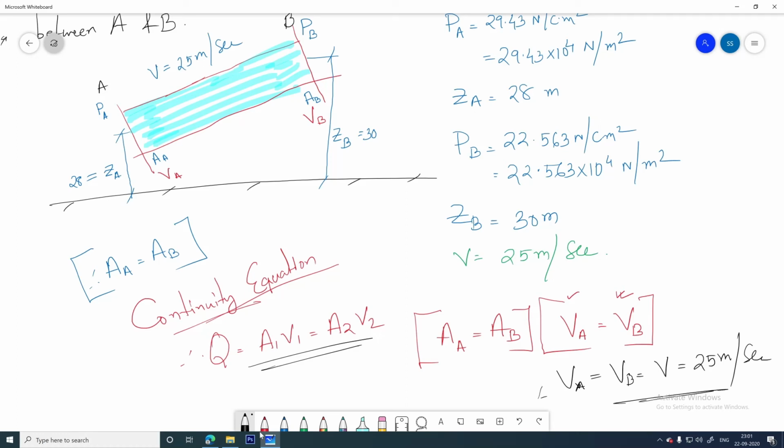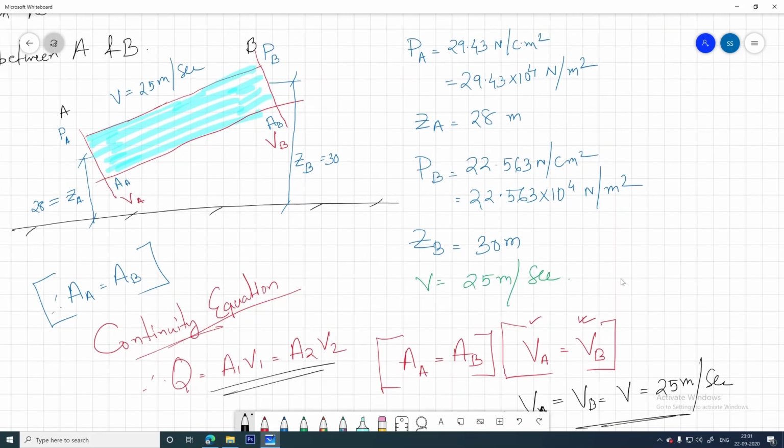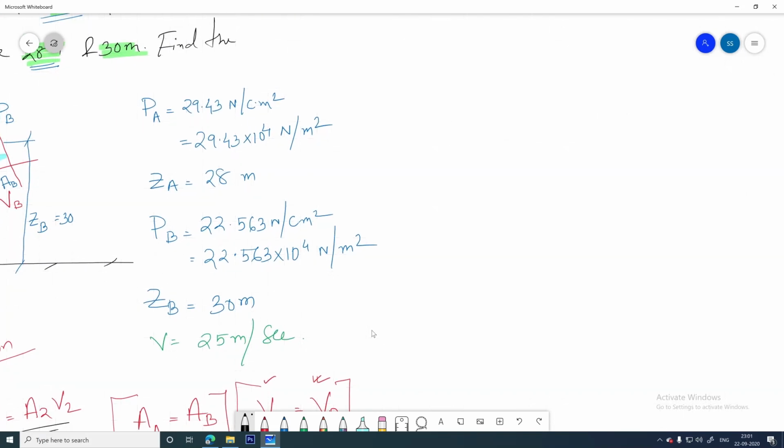So we can put the value in Bernoulli's equation, that is VA equals VB equals 25 meter per second. Now at last we got all the values, we just need to determine the head loss. So let's write the Bernoulli's equation.